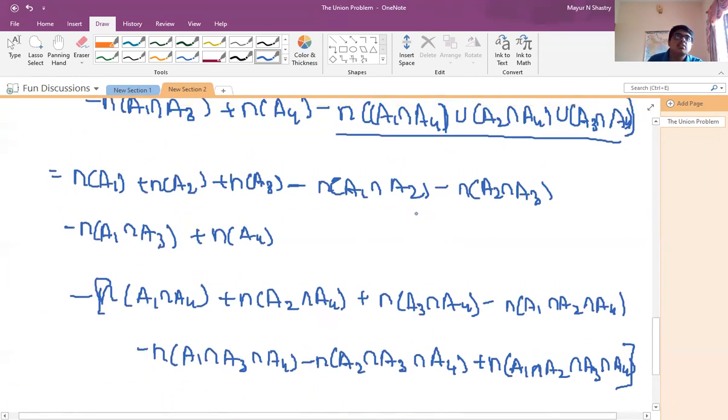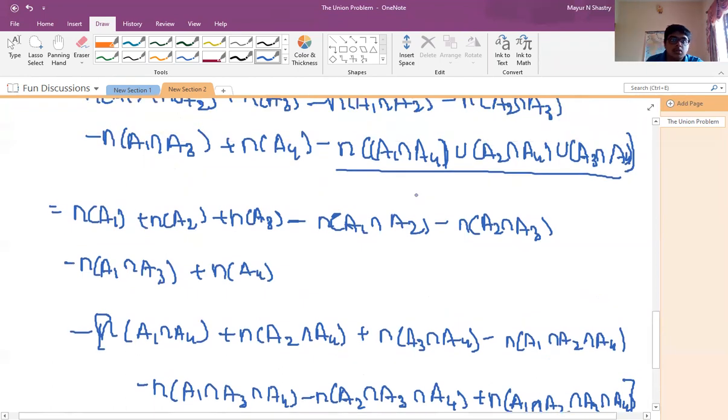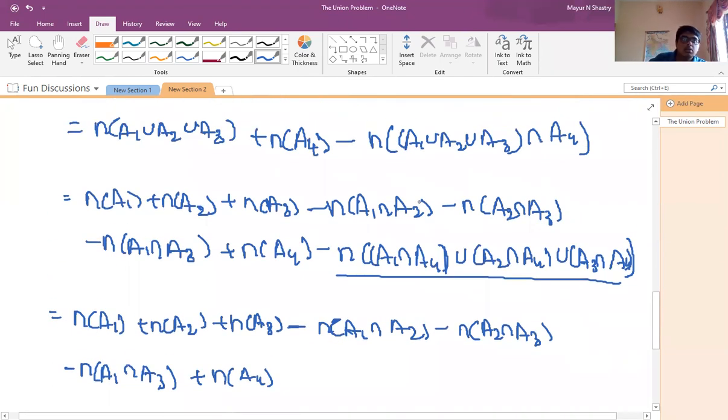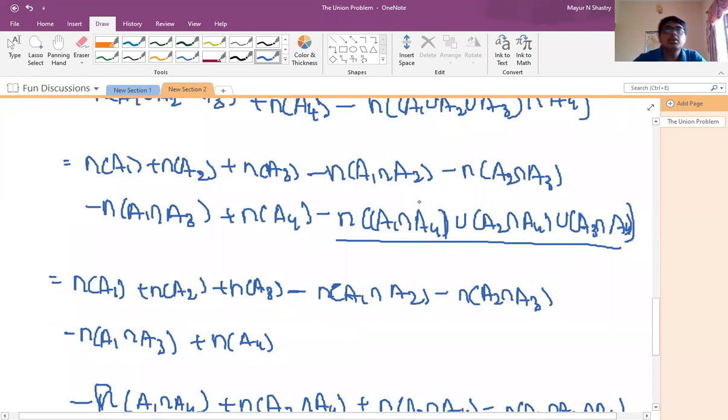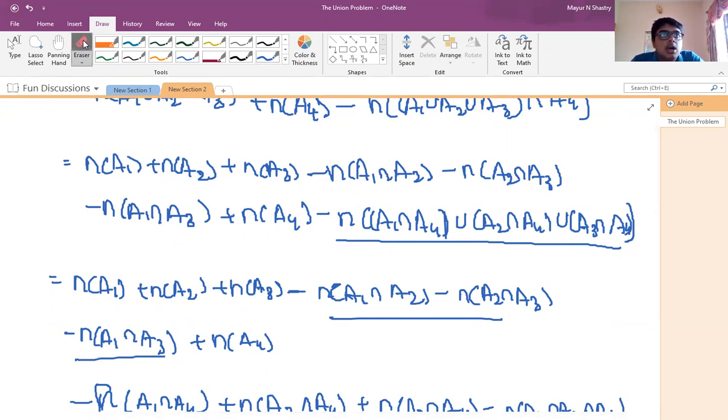But what about the three stuff? So essentially, I think I missed a term here. I did miss a term. Because minus n of A1 intersection A2 minus n of A2 intersection A3 minus n of A1 intersection A3, there should have been a plus n of A1 intersection A2 intersection A3.